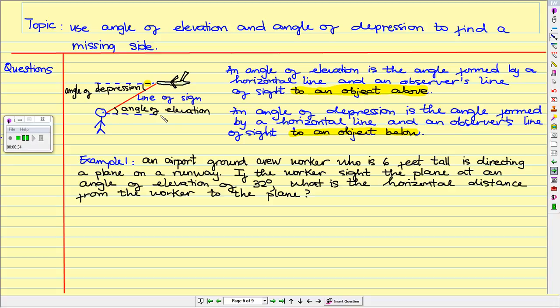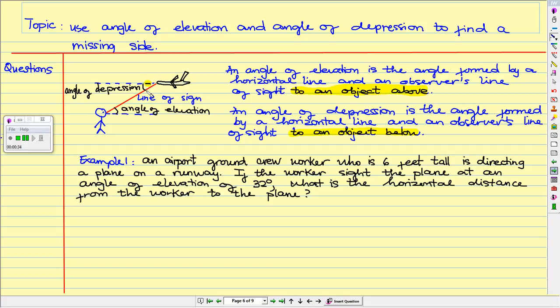So the angle of elevation is the angle formed by the horizontal line and the line of sight from the crew to the airplane above the crew. This is the angle of elevation.